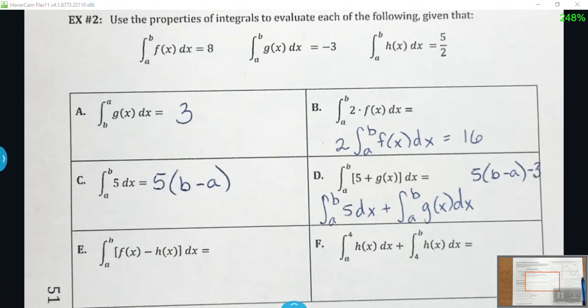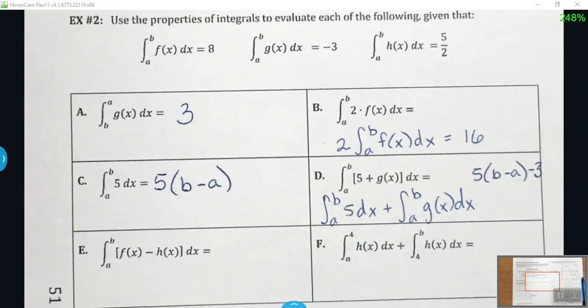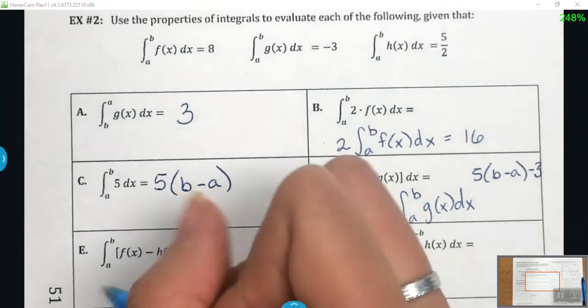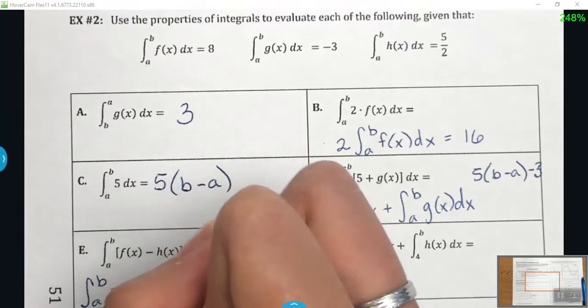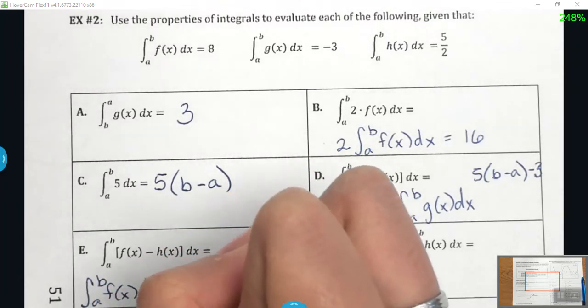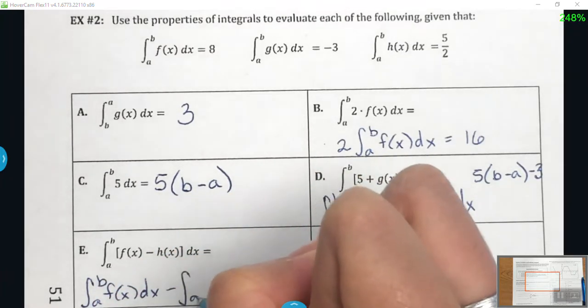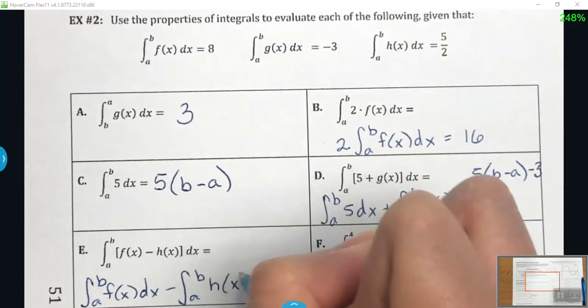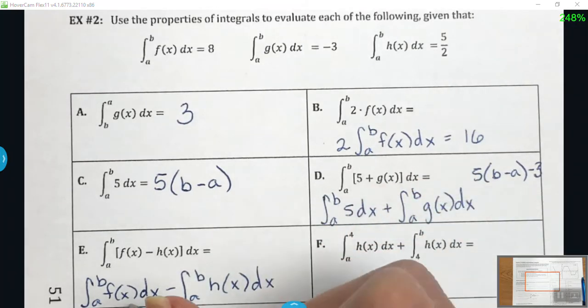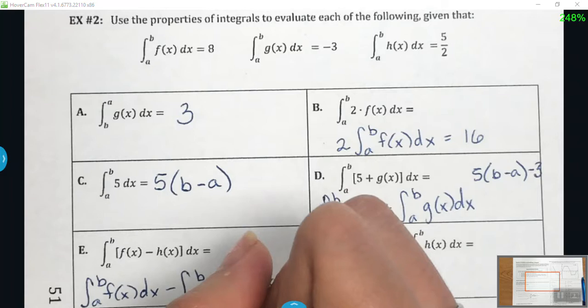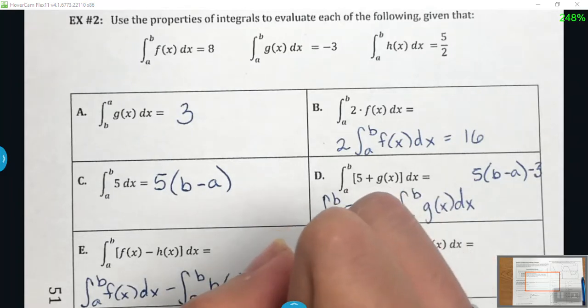Can I distribute across subtraction? Yes. So this is the integral from a to b of f of x dx minus the integral from a to b of h of x dx. So that is 8, and h of x is 5/2.